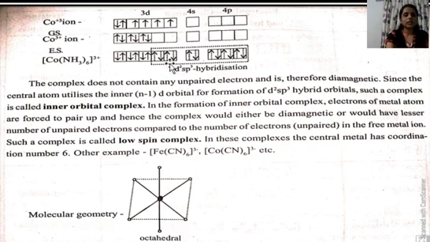Okay, d2s and p3 hybridization. And these dotted electrons are from the ligand. Since all the electrons here are paired, the complex is a diamagnetic complex.